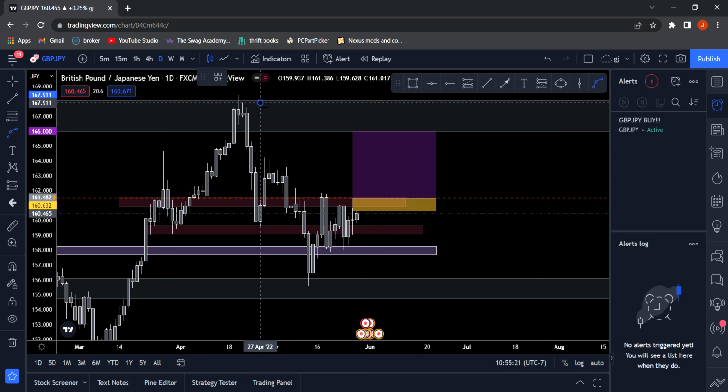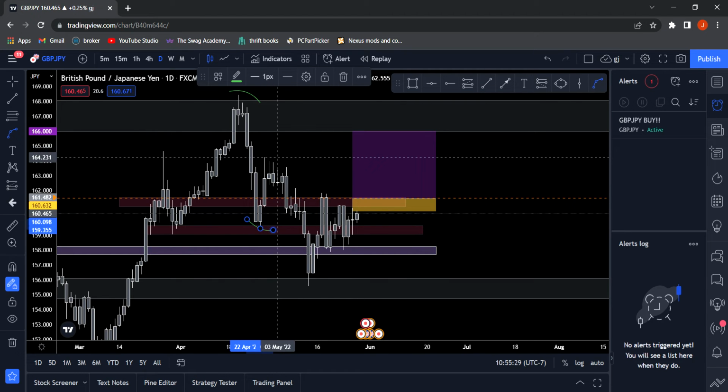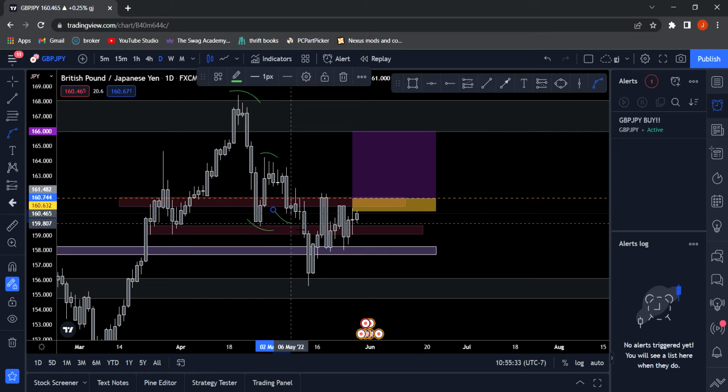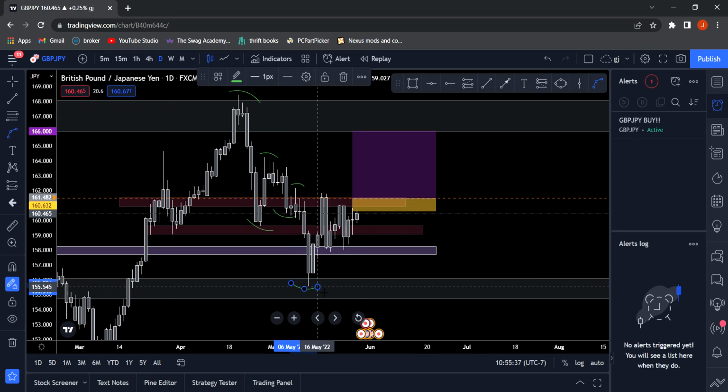Let me mark this up real fast with my lows and highs. I'll start up here. It's my high, my low, my lower high, lower low, lower high, lower low. Actually it created a higher low, but it still created a lower high, so we're still bearish at this point.